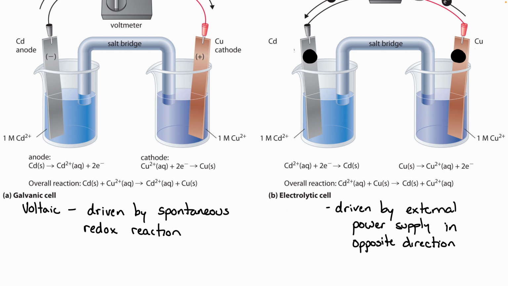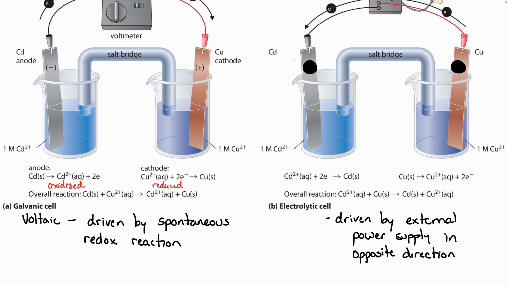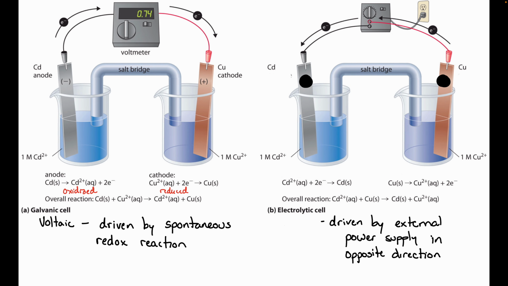All right, so in my normal old battery, we said that our copper was being reduced and our cadmium was being oxidized. Well, if we look carefully, now that we're driving electrons in the reverse direction, what's happening to our copper and our cadmium? Switching roles, right?